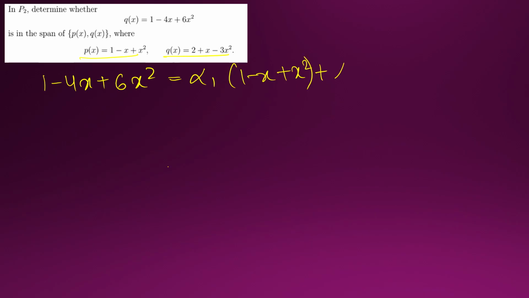This is saying in P2 determine whether 1 minus 4x plus 6x square is in the span of P of x, Q of x. How will we do? We are given P of x and Q of x. Alpha 1 into 1 minus x plus x square plus alpha 2 into 2 plus x minus 3x square. Let's open up.